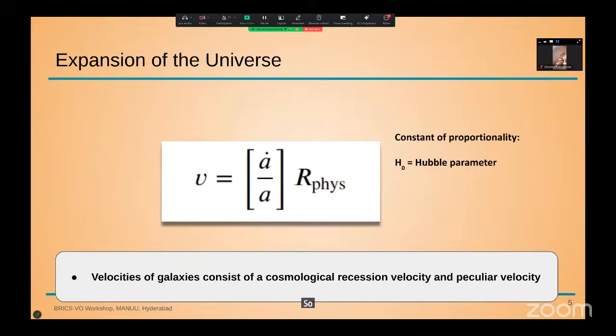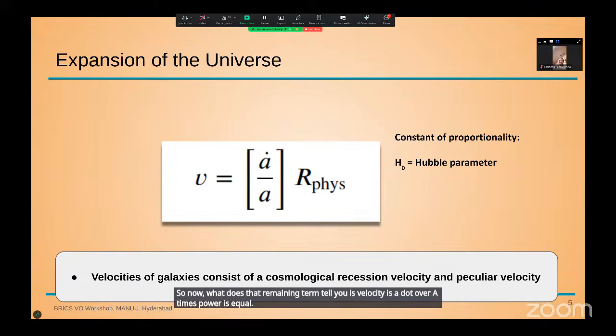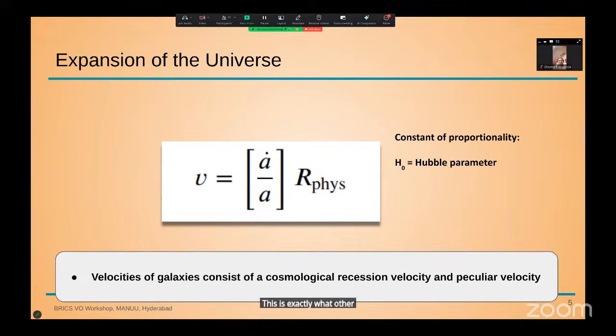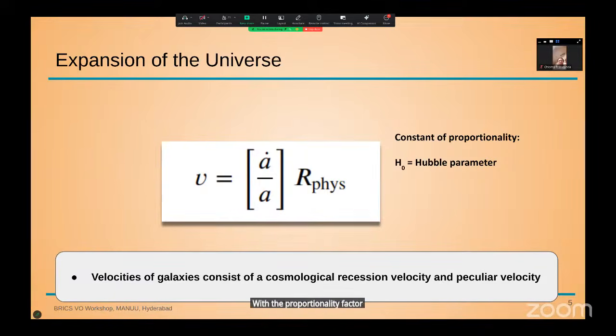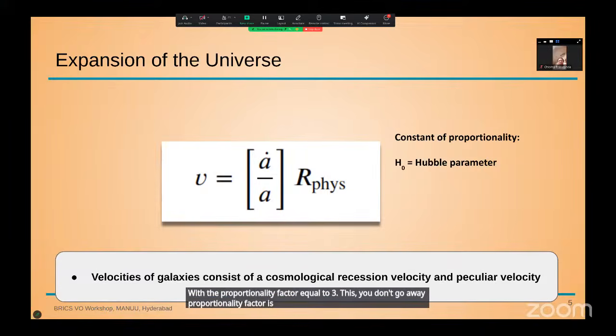So now, what does that remaining term tell you? The velocity is a dot over a times r physical. This is exactly what Hubble had observed: the velocities of galaxies are proportional to the distances, with the proportionality factor a dot over a. This proportionality factor is what is called the Hubble constant.